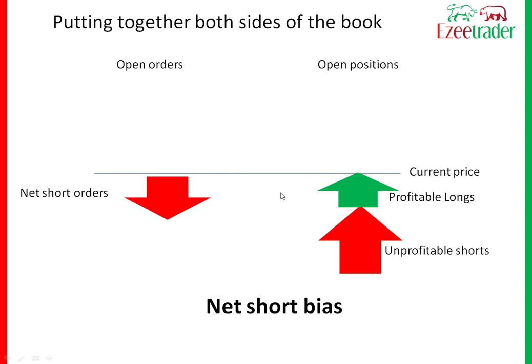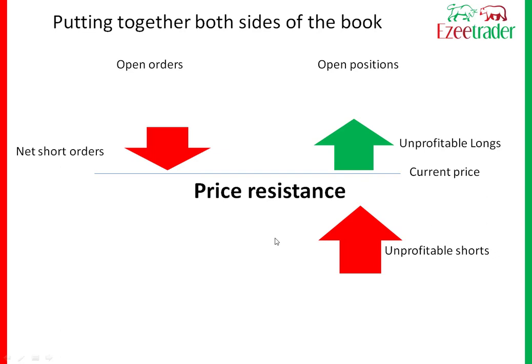Price resistance, on the other hand: you've got unprofitable longs above, so these guys are already feeling the pinch, and you've got net short orders. So these guys aren't going to change too much. If price is coming up, they would like to stay in. If they're seeing price come up, they want to stay in there, so they're not going to do anything.